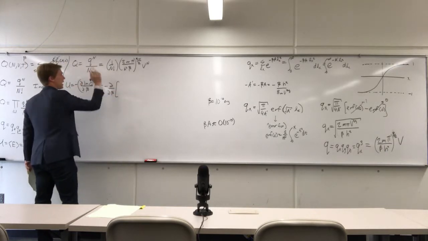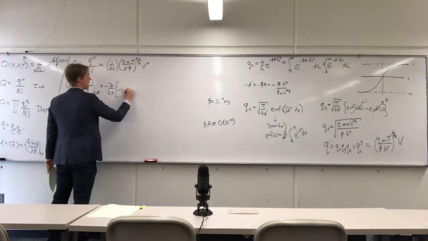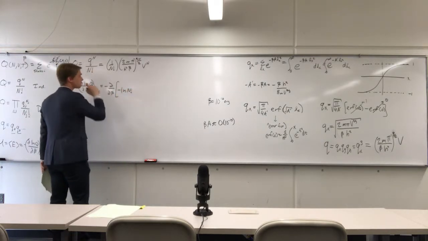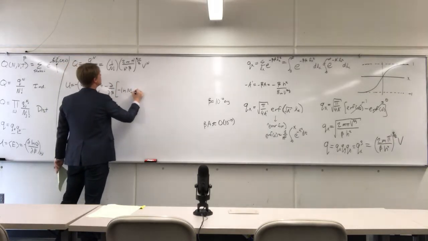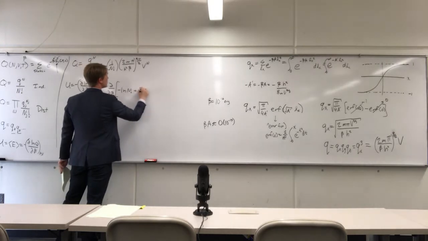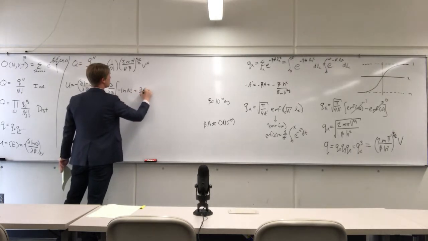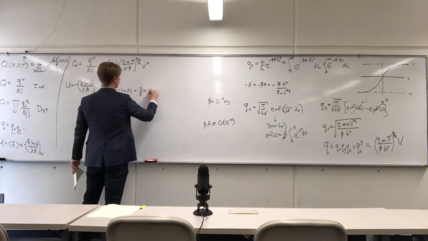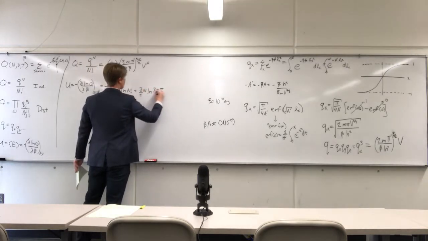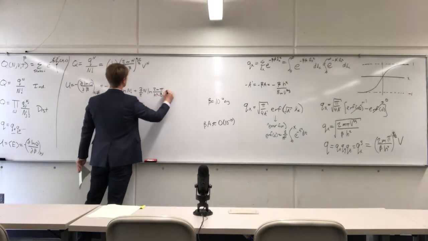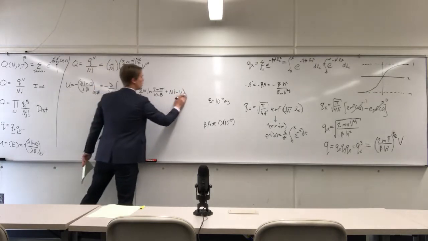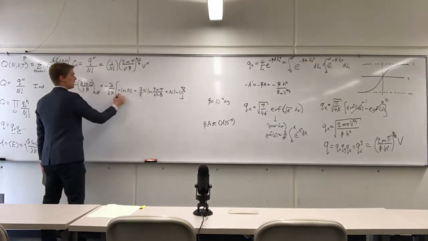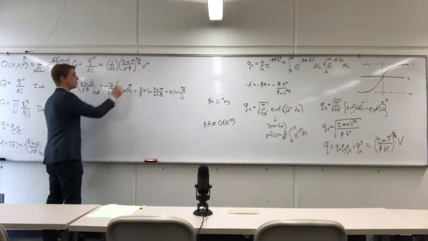Okay, let's take the natural log of this function here. So it's going to be negative natural log of N factorial. In this case here, we have, let's see, plus 3 over 2 N natural log of 2 m pi over h squared minus, beta, plus N ln of V. We're going to go one more step further. First of all, this is not a function of beta, so that goes to 0.